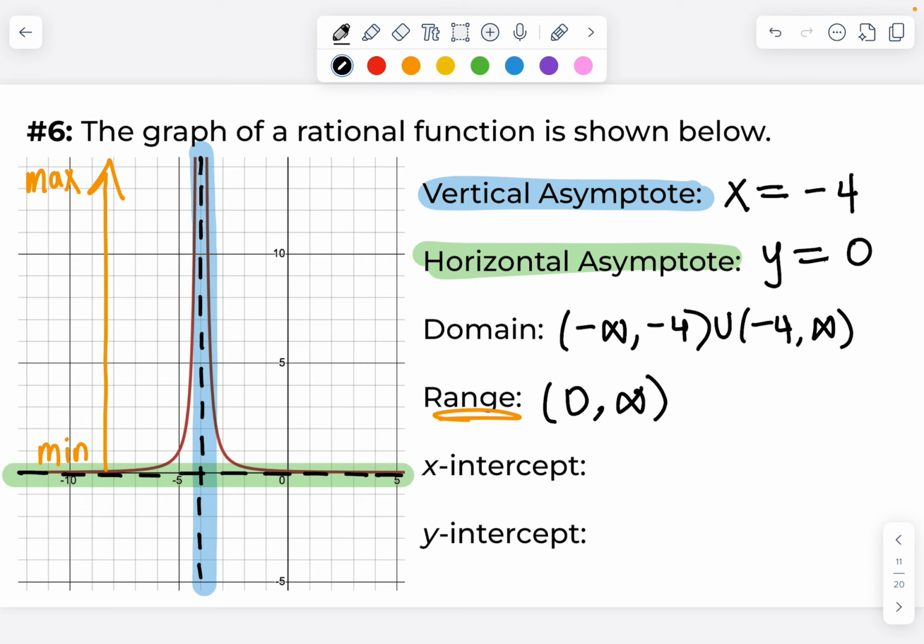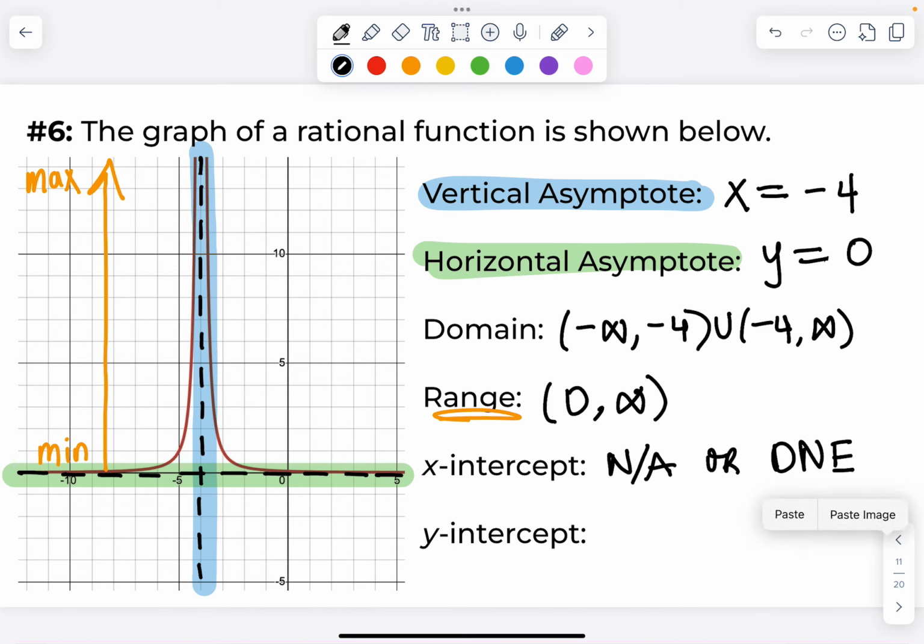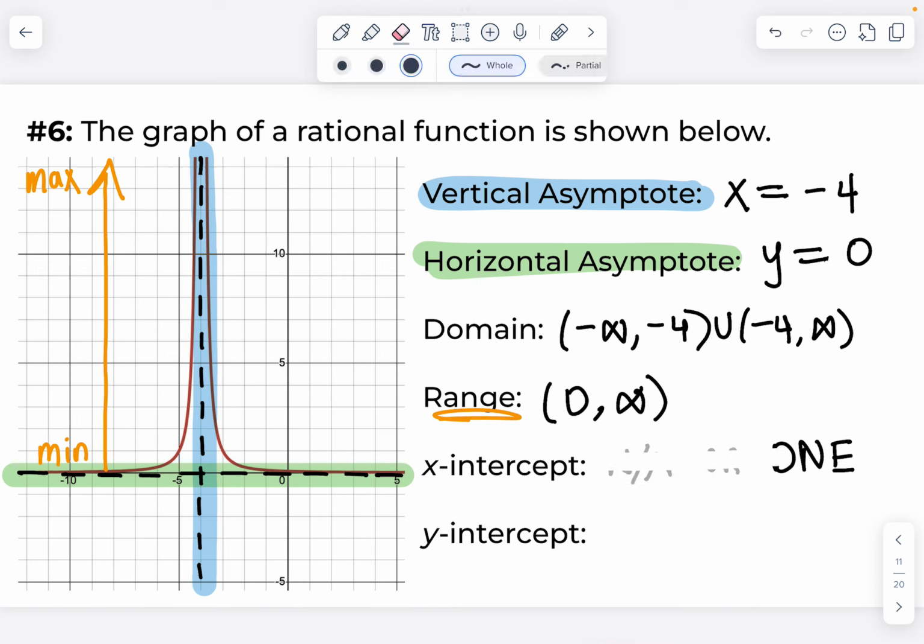Okay, so that also helps us answer this question about x-intercepts. So you could write DNE, or does not exist. Either or, okay? There is no x-intercept. You could also just write none. That might be preferable for some of you. There's no x-intercept here because we're not crossing that horizontal asymptote in this graph.